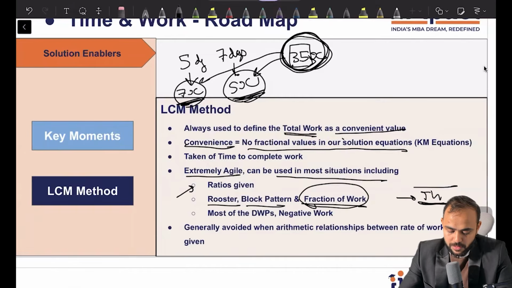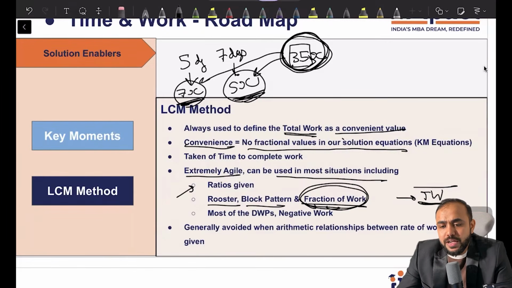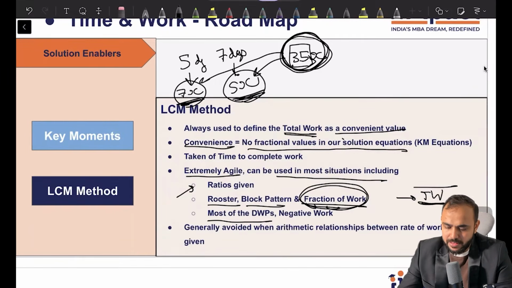Which is the total work. So in fraction of work situations, the LCM method will definitely get used. You will have to define the total work after all. Most of your different work pattern equations will also use the LCM method, and also for negative work. So something that gets used everywhere is not something to be specially called out.